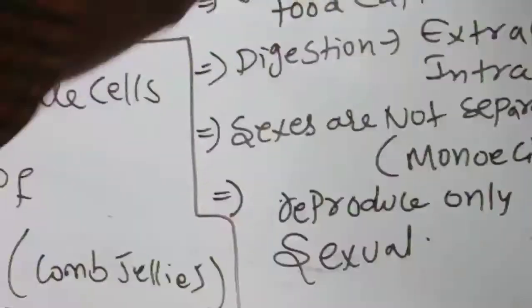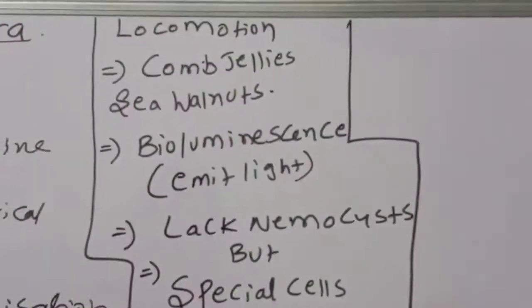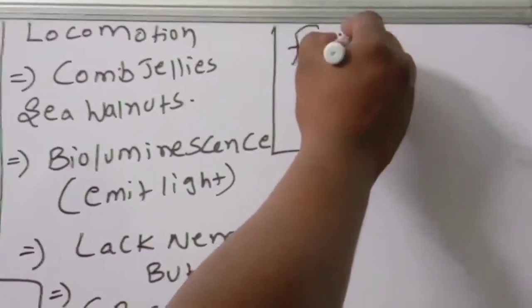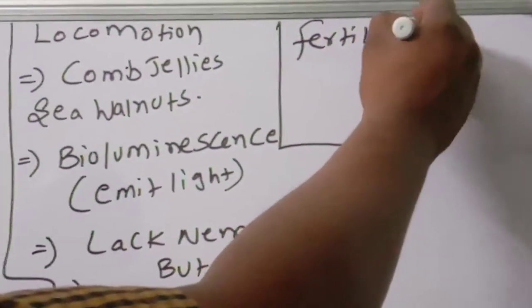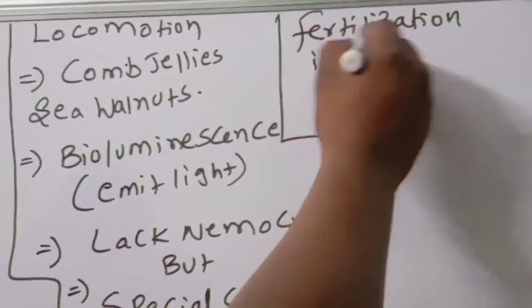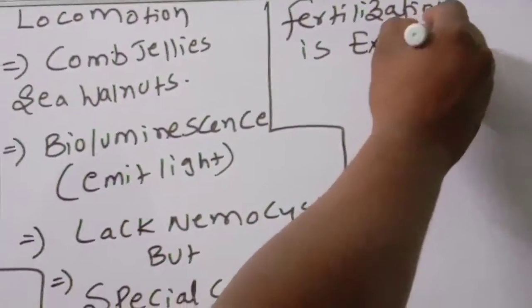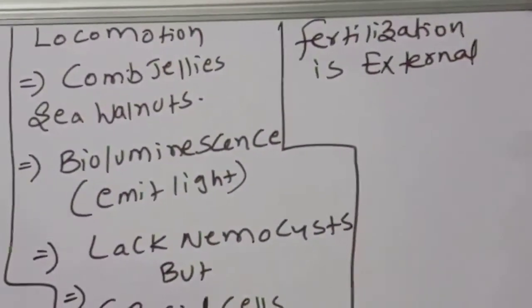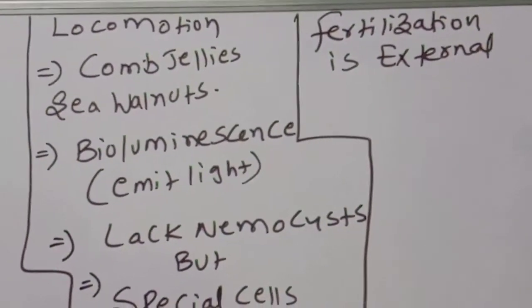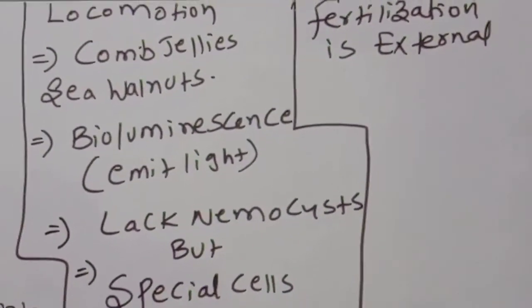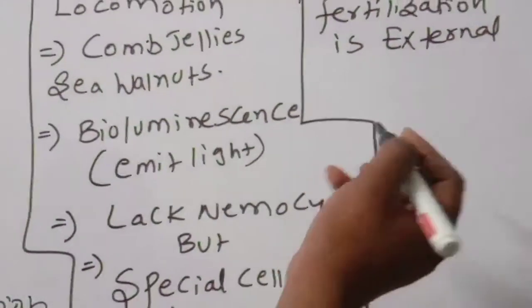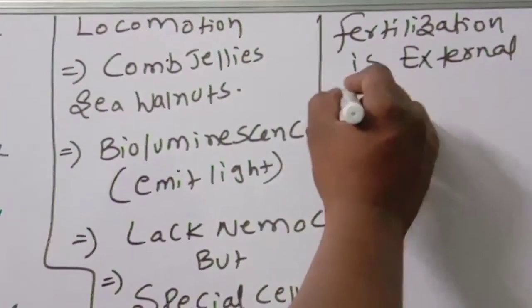There is no asexual reproduction. What about fertilization? The fertilization is external. This point you should remember. What is the meaning of external fertilization? Fertilization takes place outside of the body. Next one, indirect development.